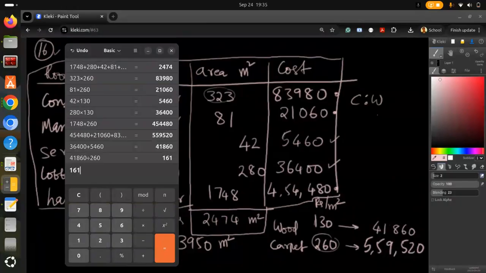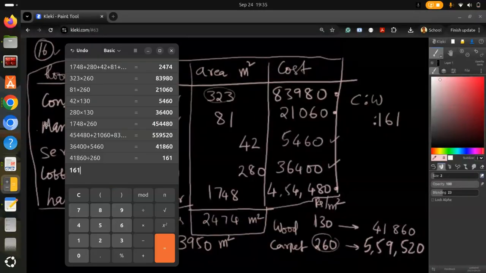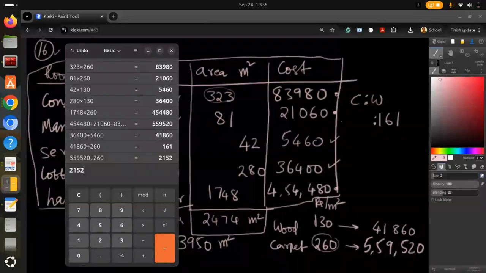So this corresponds to wood, 161. And then what about this one? 559,520. So this number divided by 260 again, the same factor. So 2152. Okay, so 2152.